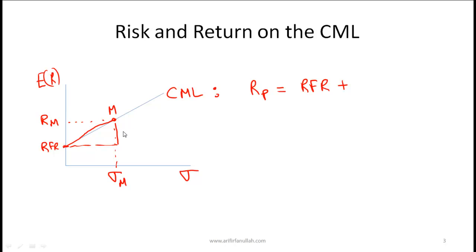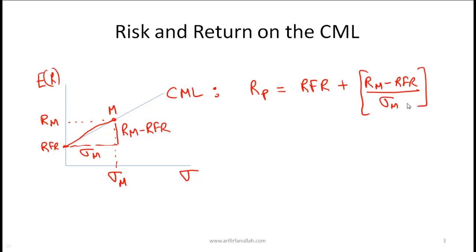The change in y is your expected return on the market minus the risk-free rate, and the x is simply sigma m. So our slope becomes Rm, expected return on market, minus risk-free rate, divided by sigma m, which is the riskiness of the market, multiplied by the x variable, which is the sigma of the portfolio.